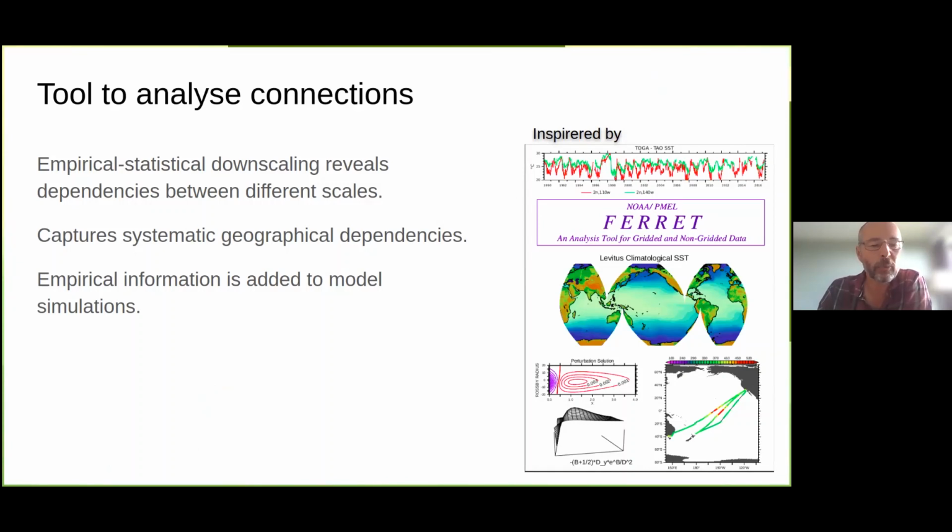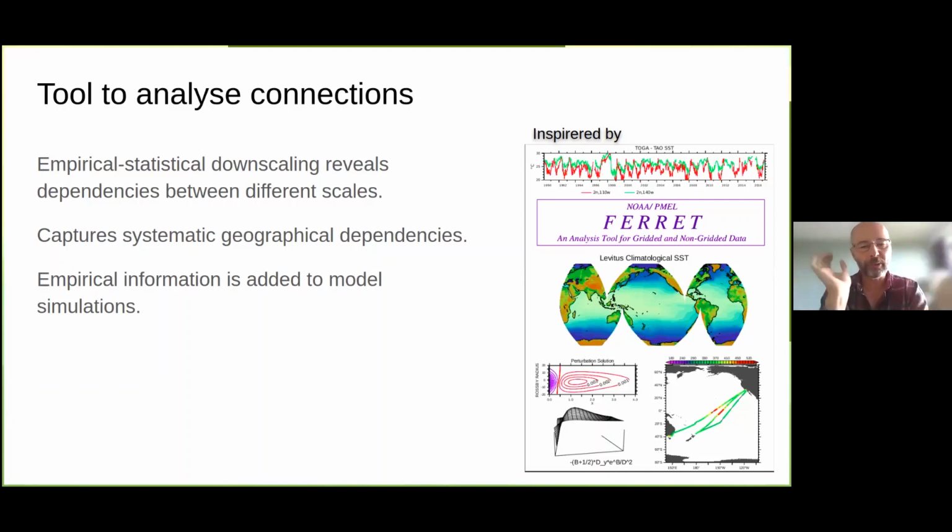So basically, if you think in terms of information, and that's the way I like to think about downscaling, we already have some information in terms of global model simulations, and they reproduce the connections described by the physical equations in terms of Navier-Stokes and thermodynamics and so on.